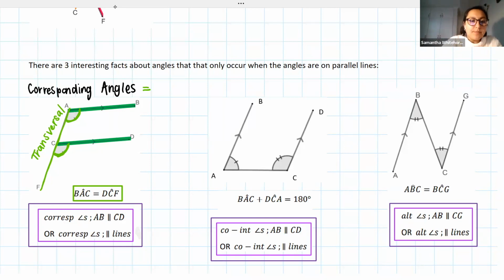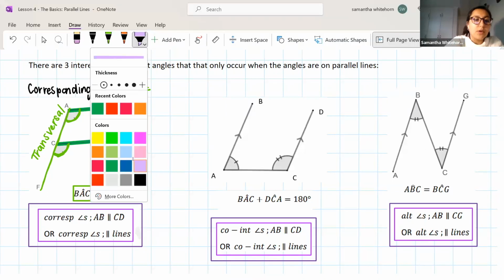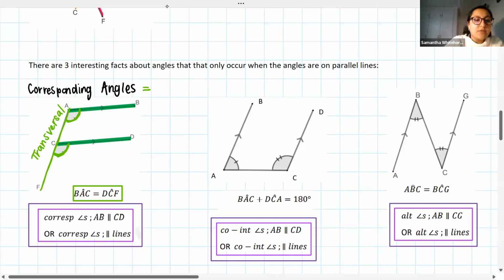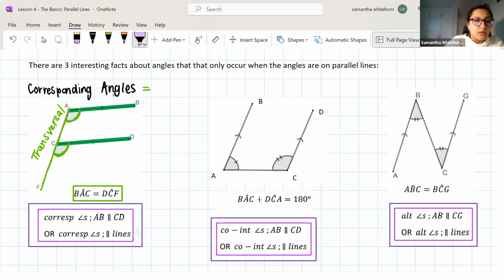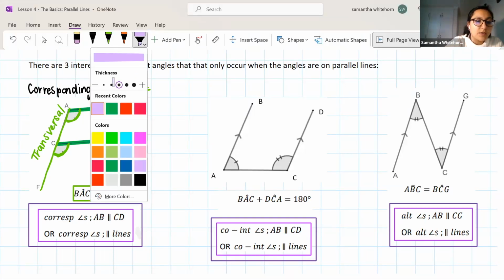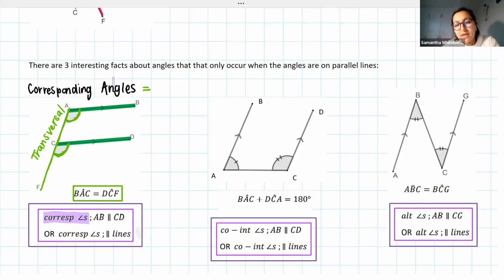This is geometry. You're making a statement, and you have to give a reason for your statement. All of my reasons are down here in the little purple blocks. Our reason for corresponding angles is, shockingly, corresponding angles. Remember, we can abbreviate and use symbols. We don't have to write out corresponding angles. And guys, very importantly, we always have to state the parallel lines. There are many reasons for that.